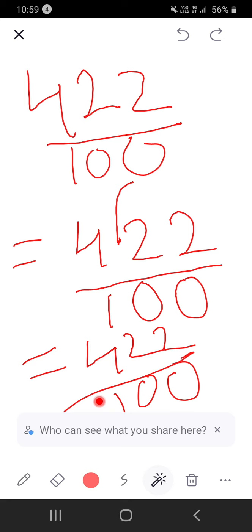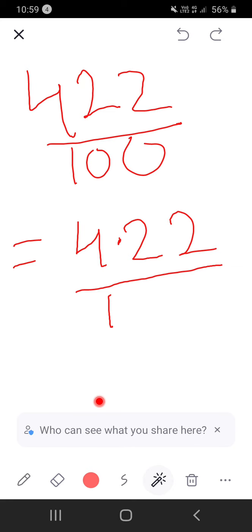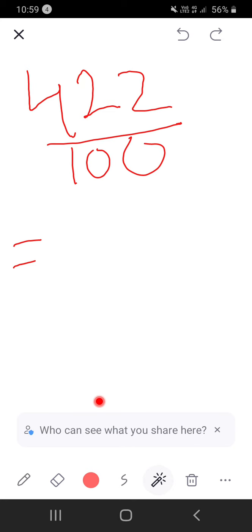Okay, now in question number 4, convert the following decimal numbers into mixed fractions. Children, first of all you will convert into a fraction, and then it's very simple to convert into a mixed fraction. You already know how to convert from mixed fraction to improper fraction and from improper to mixed fraction.